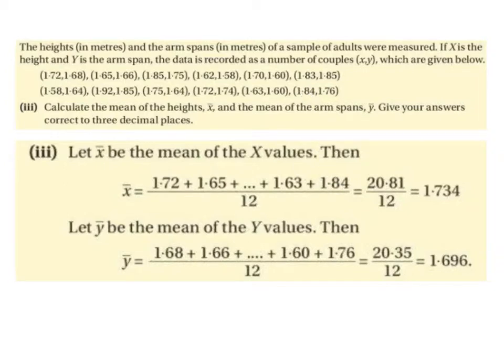We take all the x values, add them together, and we get 20.81. We divide by 12 because there were 12 altogether, and that gives us 1.734. So x bar, the mean of the x values, is 1.734.